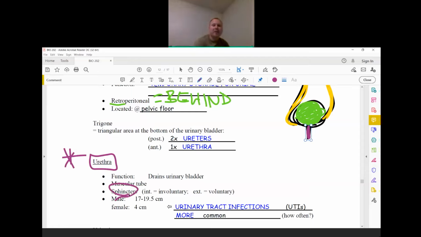The inner ones are involuntary, the external ones voluntary, so we're able to control some, not others, of how the urine leaves the urinary bladder. We'll notice that the male urethra is much longer than the female one, and this is the explanation why females have more UTIs. It's a shorter distance for bacteria to climb up there than for males. So that's why females are more likely to have UTIs.